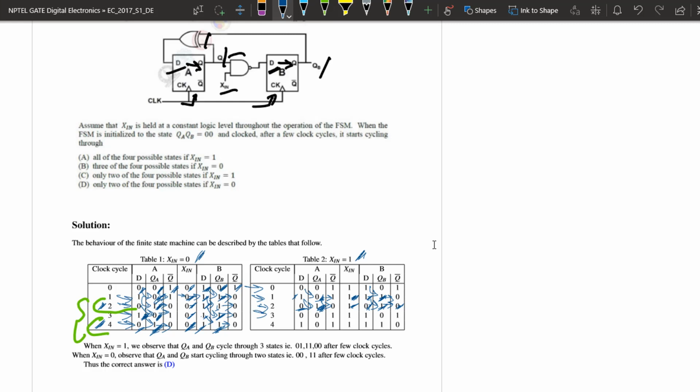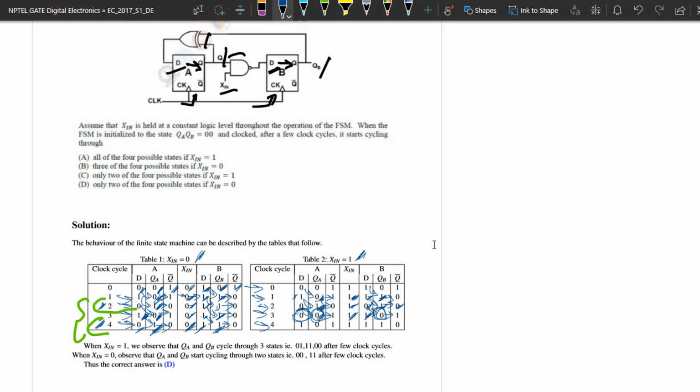In the third clock cycle, QA gets 0, Q bar A becomes 1, and DB is 1 NAND operated with 0, which is 1, and QB gets 0, Q bar B becomes 1. DA is QA, that is 0, XOR with 0, which is 0.